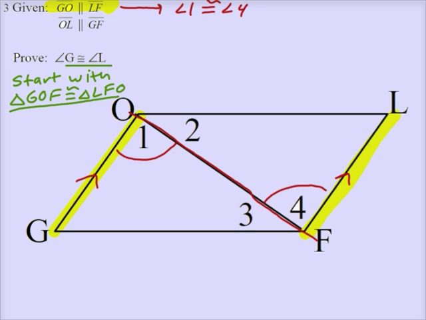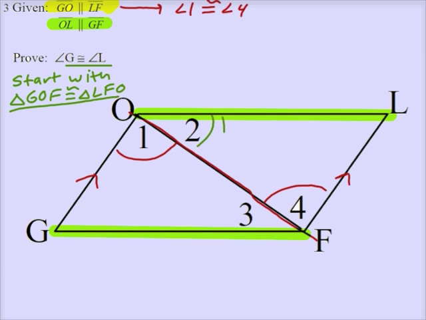Next piece of given information is that OL is parallel to GF. OL refers to this segment, GF refers to this segment, and they're still cut by that red transversal. However, the angles that are congruent because of that fact are different.